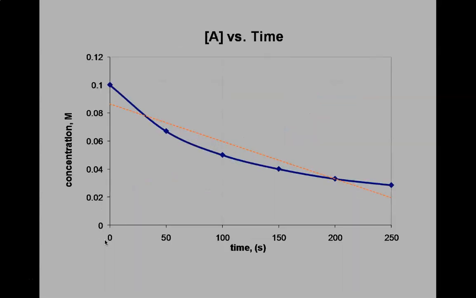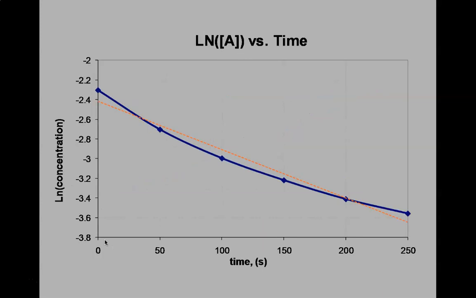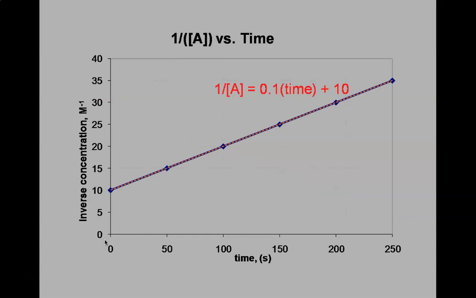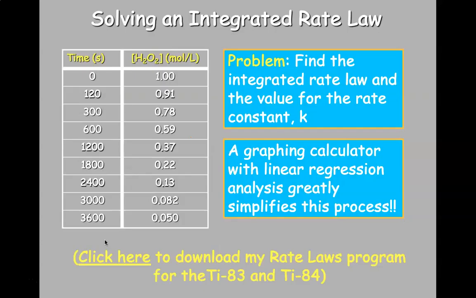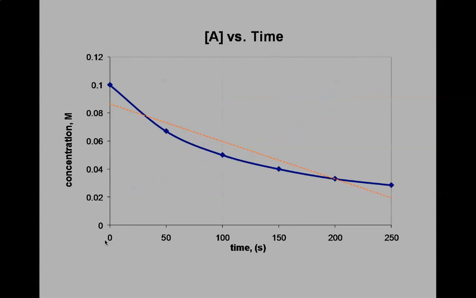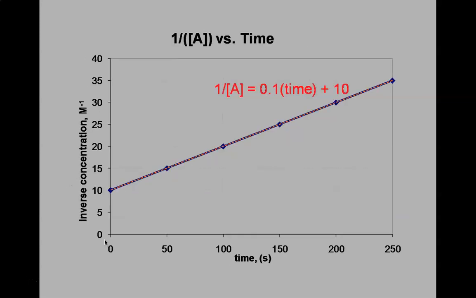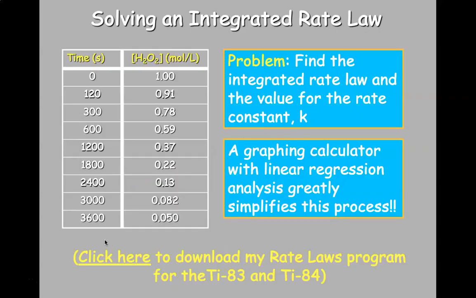So again, here's concentration, here's natural log, here's 1 over. Of those three, which one should the answer be? It should be 1 over concentration. Therefore, for this made-up data, the reaction is going to be what order? Second order.